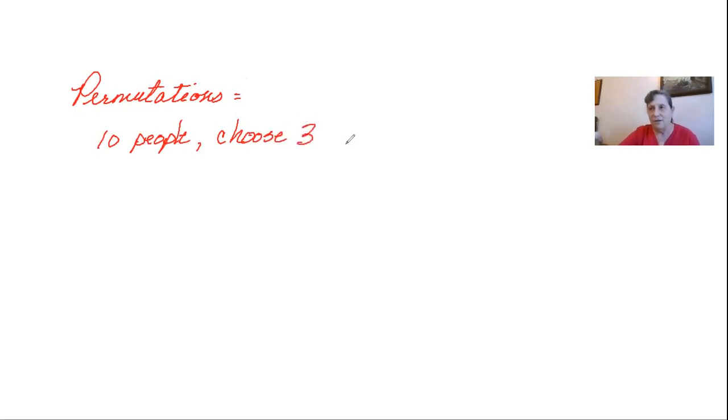So with a factorial, it would be 10 times 9 times 8 times 7 times 6 all the way down. If we're only going to choose 3 of them, so we've got 3 people that we're going to line up. Maybe we've got 10 people in a committee and we're going to choose 1 to be the president, 1 to be the treasurer, and 1 to be the secretary.